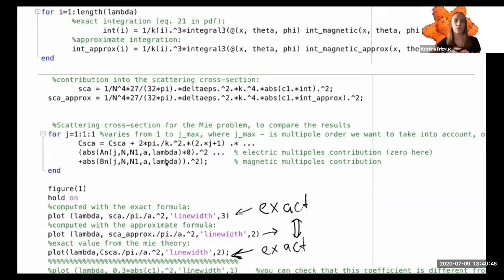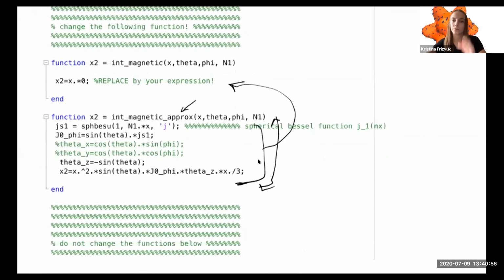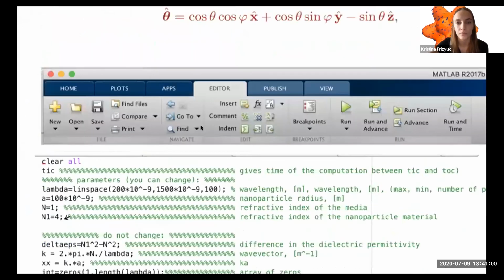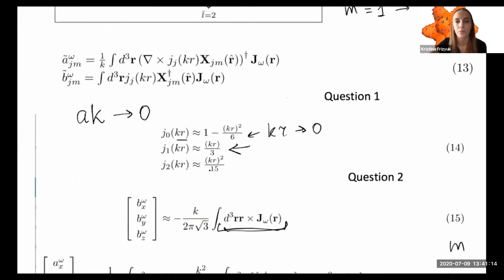Okay, I will repeat again what you need to do. Please open the file magnetic dipole, and you have a current. You already know the current, and it is given by this formula, and you have substituted it in the formula in the frame.